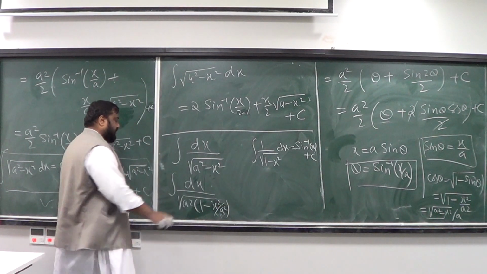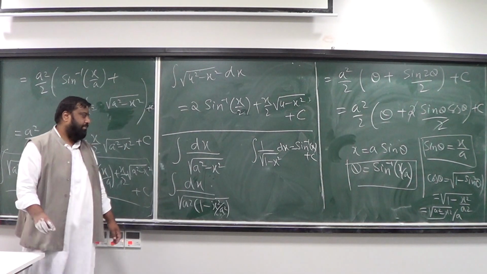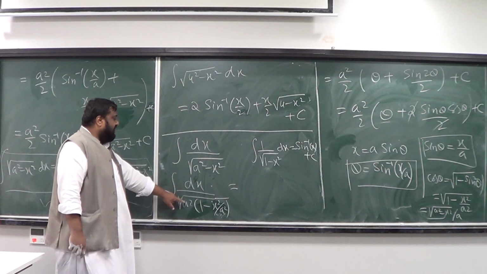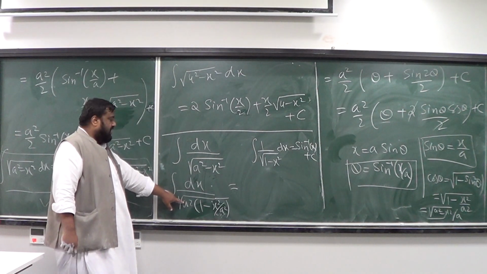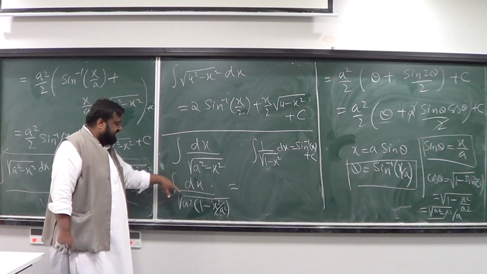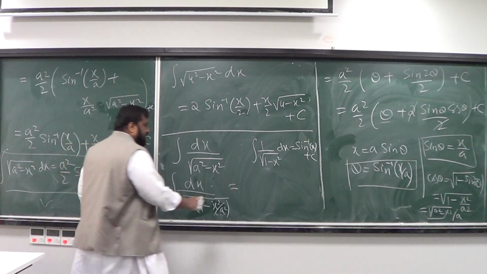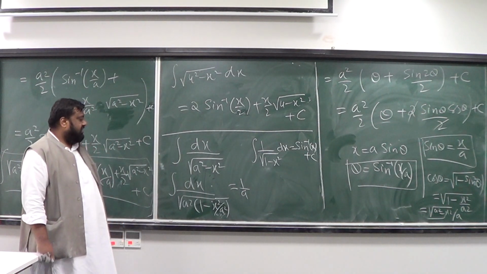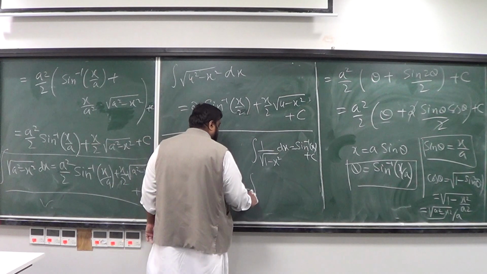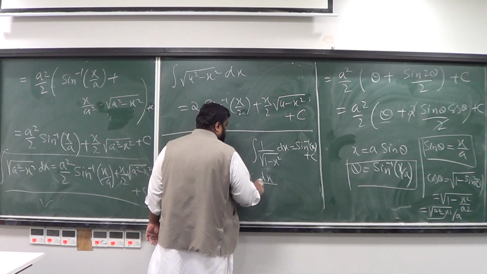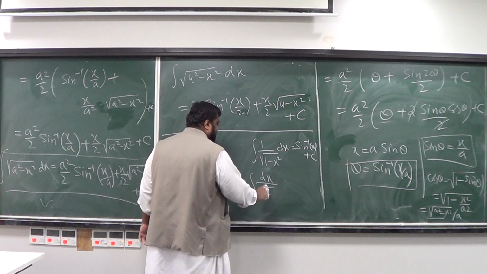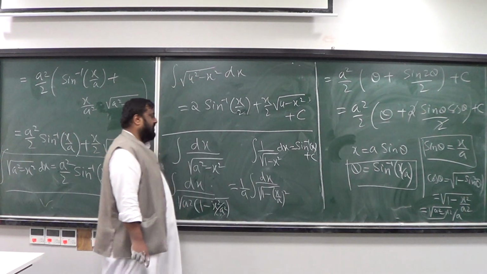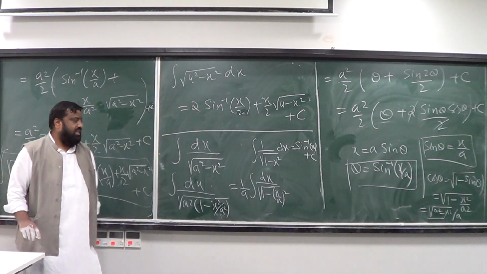If you simplify this a little bit more, this a square will come out of the square root, so this will be dx divided by a. If you wish, you can keep this a outside of the integral, and what remains is dx by the square root of 1 minus x over a, squared. So you can put both squares in a single term.